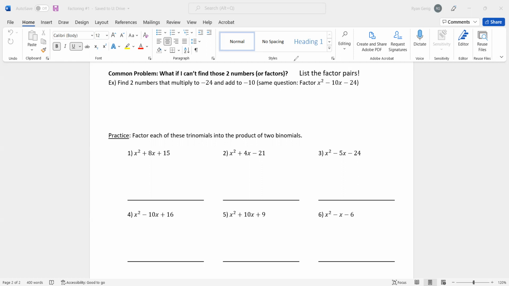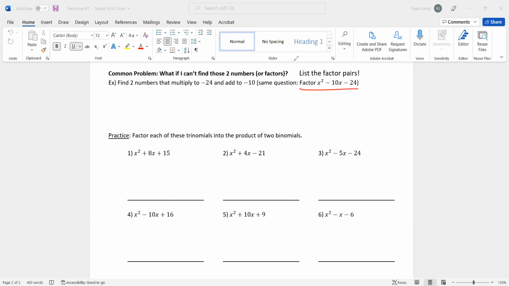By the way, when I say find two numbers that multiply to negative 24 and add to negative 10, essentially what I'm asking you to do is this. Those are actually the same type of question. So what we're going to do is list the factor pairs. Factor pairs are two numbers that multiply to give me a number. Which number of the two, negative 10 or negative 24, do we want to multiply to?